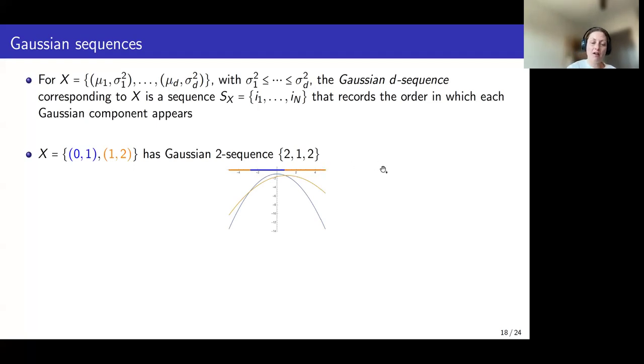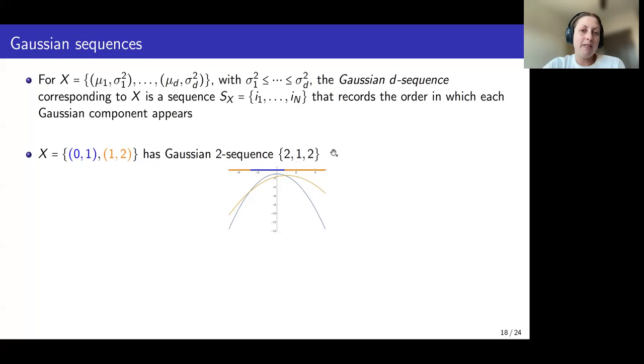So if I walk from negative infinity to positive infinity, the order in which I see these Gaussian Voronoi cells is 2, 1, 2. I should also point out that in our definition now, we're going to assume that the variances are weakly increasing. So we're ordering them now.